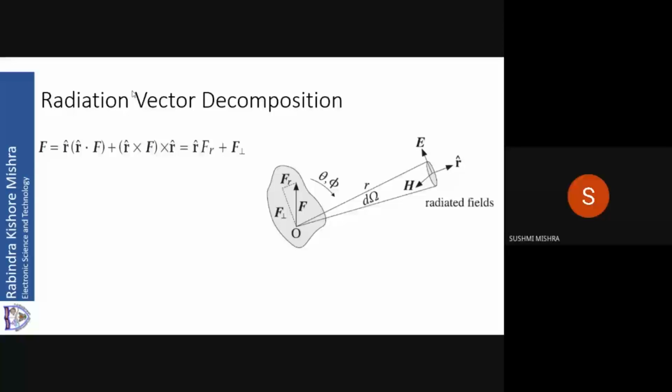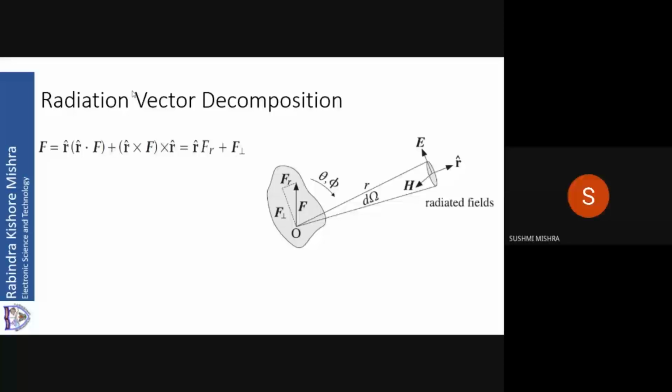Now this F vector, which is my radiation vector, we can always decompose any vector into two components which are orthogonal to each other. So let us decompose F vector as Fr and F perpendicular. Fr is along the r direction. F perpendicular is perpendicular to the r direction.